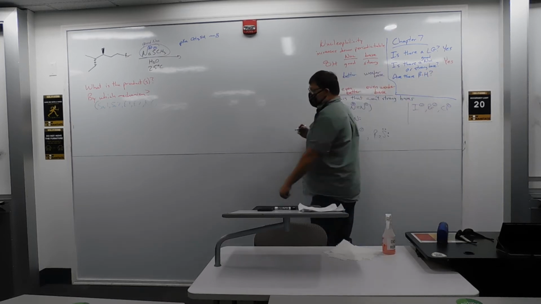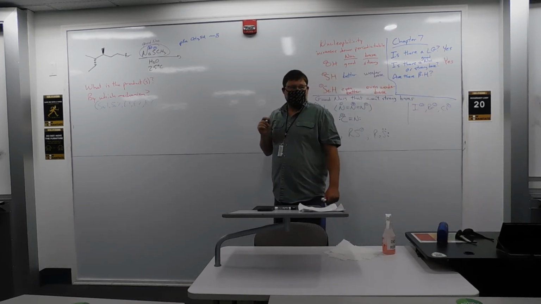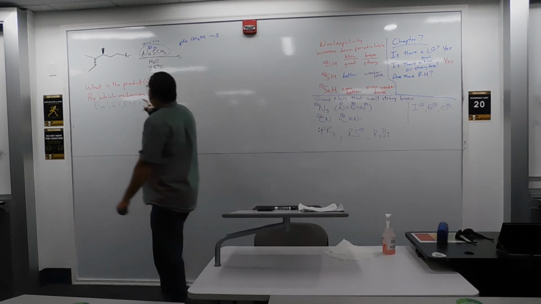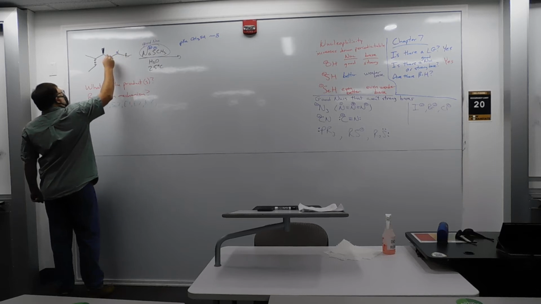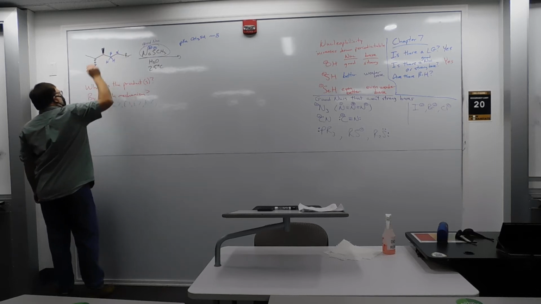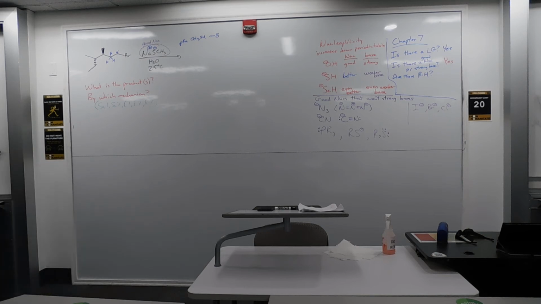Are there beta hydrogens on this molecule? Yeah, there are. Okay. So carbon of the leaving group is alpha. There's one beta carbon. It's got two hydrogens. So what that means is elimination is possible. Okay.